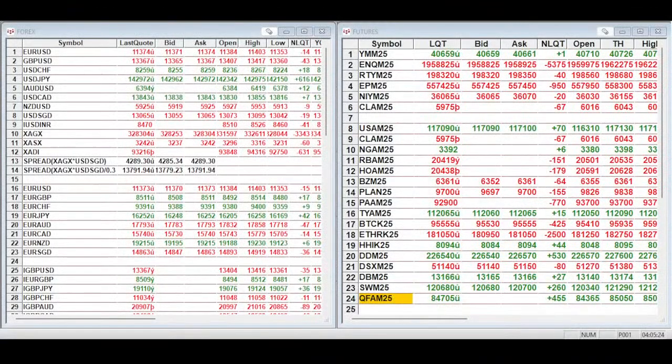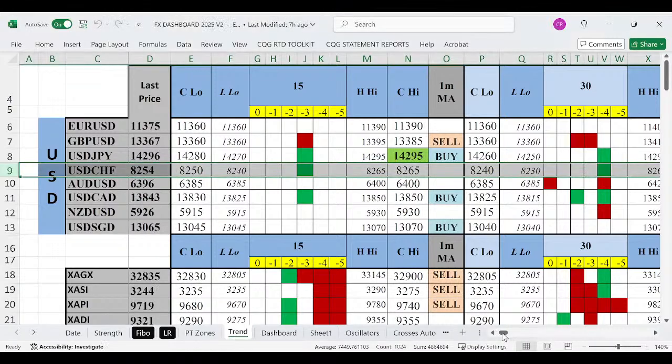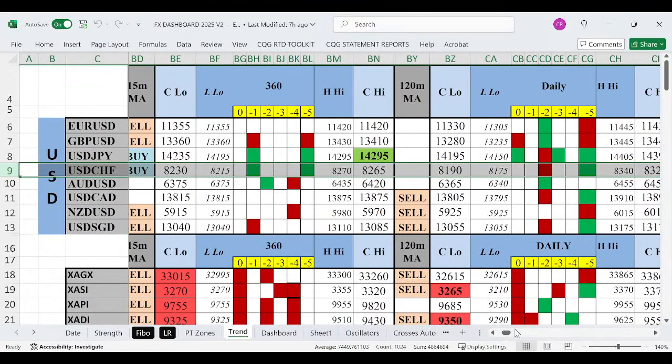One minute. Okay, so here, as of now, the instruments that we can trade is... just hold on a minute.